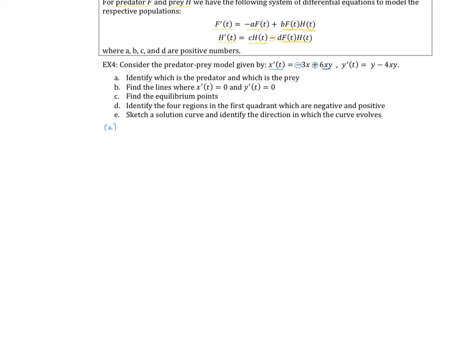So that looks like the first equation, minus plus x times y. So x is the predator, and then y would have to be the prey, which makes sense because it's going to be positive, negative xy. Y is prey.